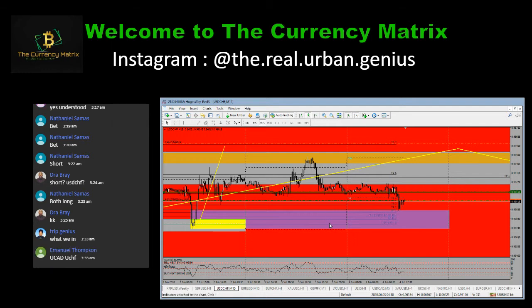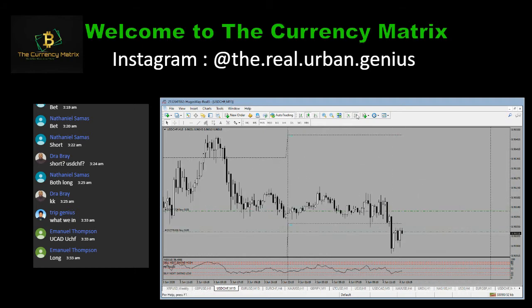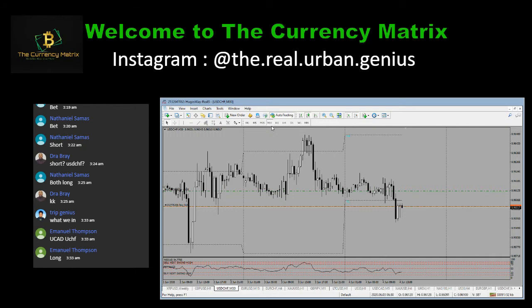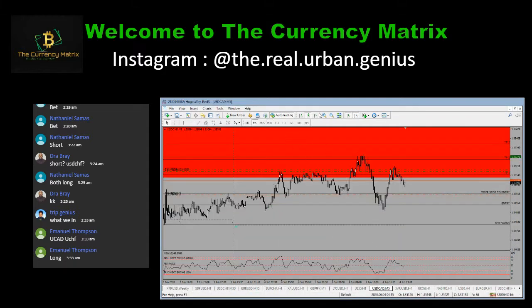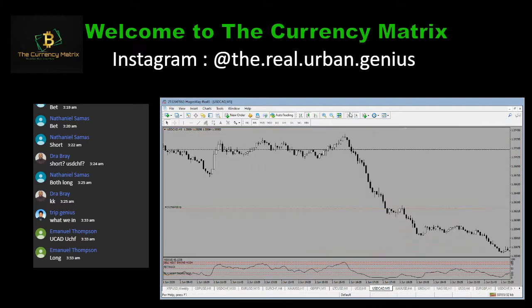We're going to clear off all my markups so my charts are clean, a clean, naked chart right now, so you guys can actually see this price action movement.